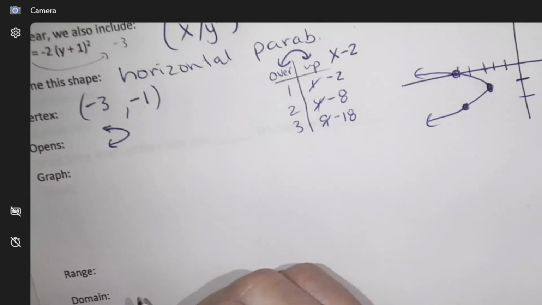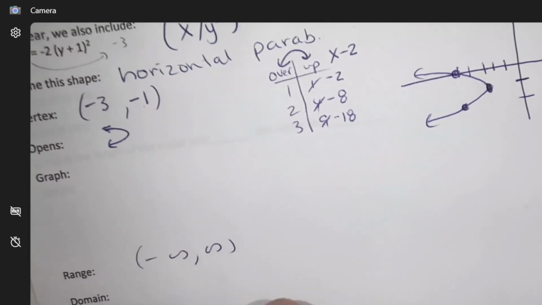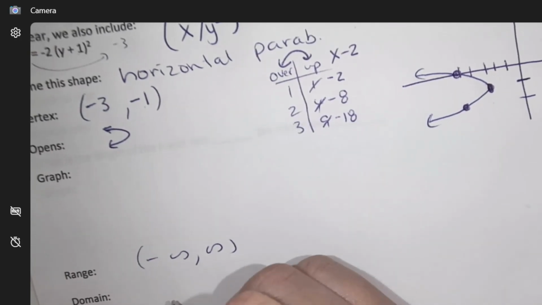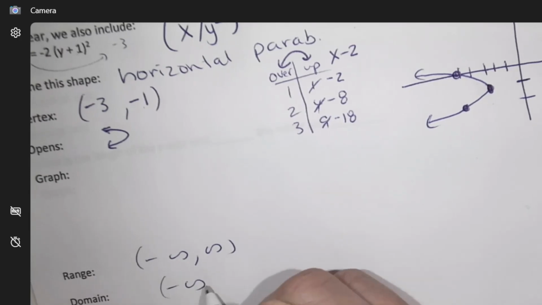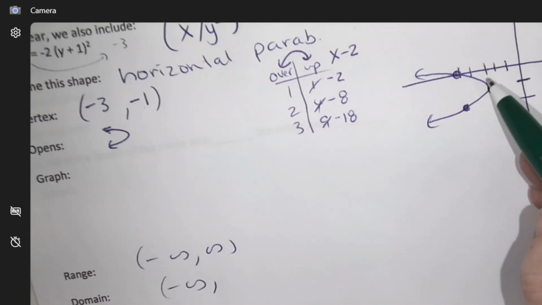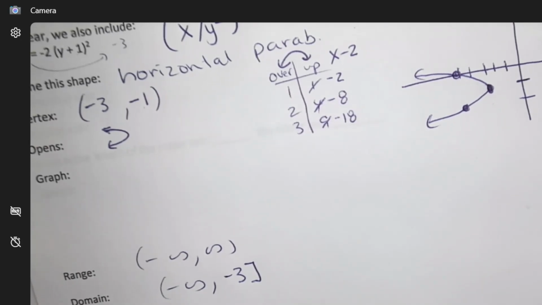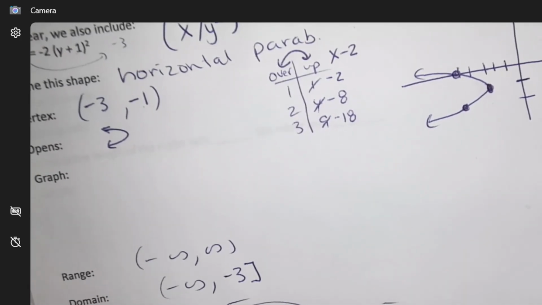Okay, so the range would be -infinity to positive. And then the domain would be -infinity to the x value of -3. The axis of symmetry is now going to look like this.